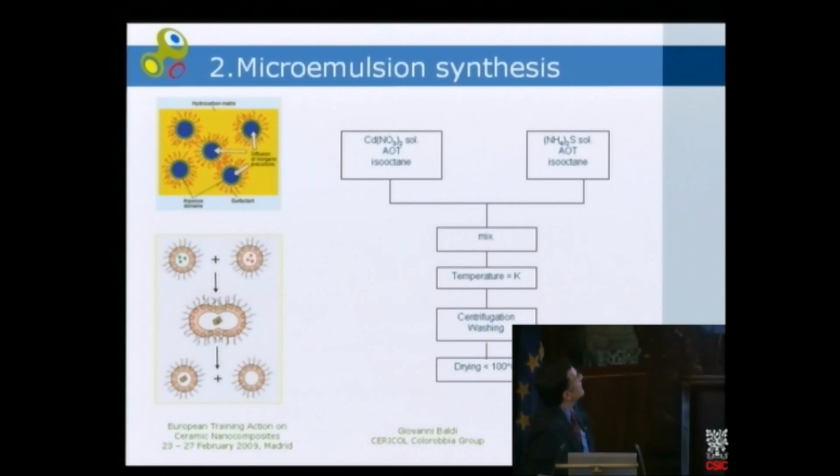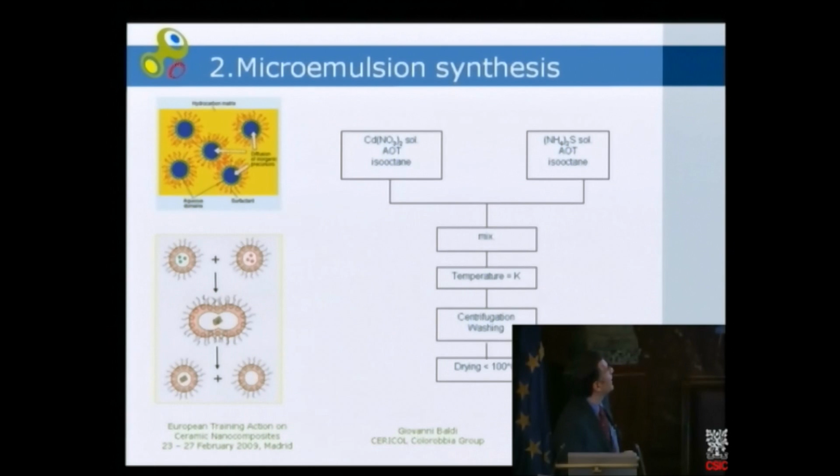In this case, inverse micelles containing the cadmium precursor, in this case cadmium nitrate, AOT, and isooctane, are put together. Inverse micelles containing a sulfur compound, in this case diammonium sulfide, in water media.